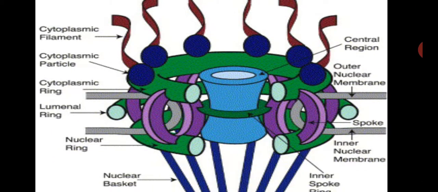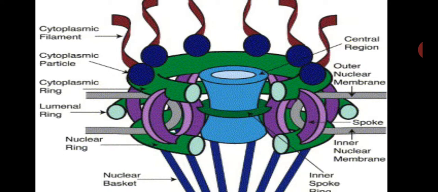So if you see here, it is the typical nuclear pore complex structure. In the central blue region, it is a pore which can act as a channel. It has a nuclear ring towards the nucleoplasm and a cytoplasmic ring towards the cytoplasm.